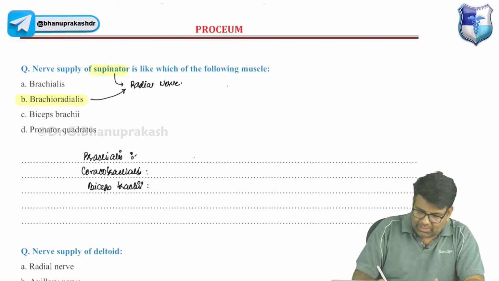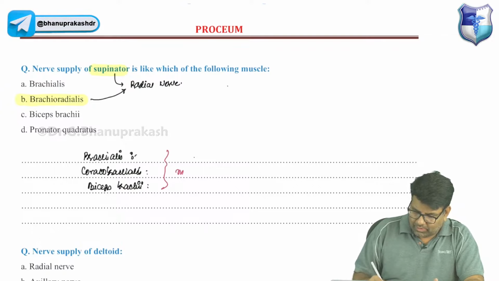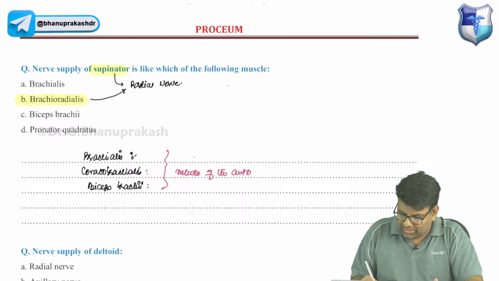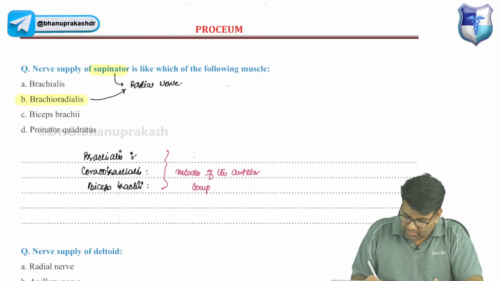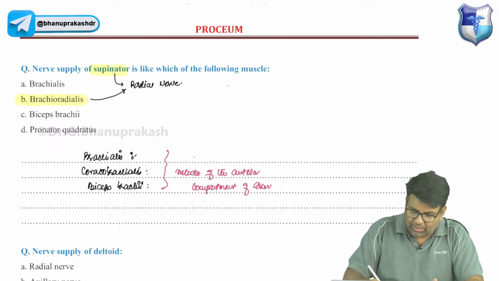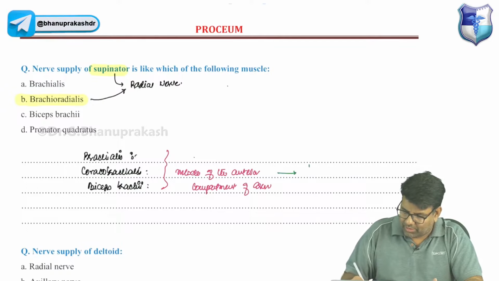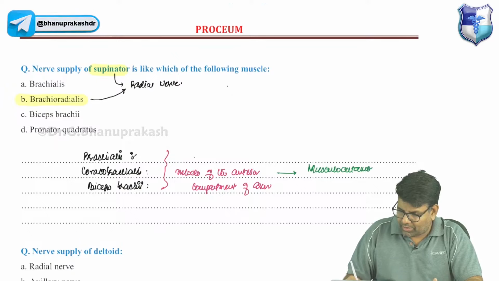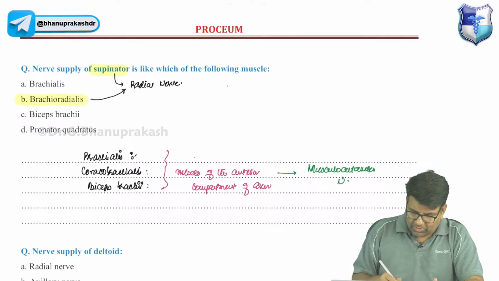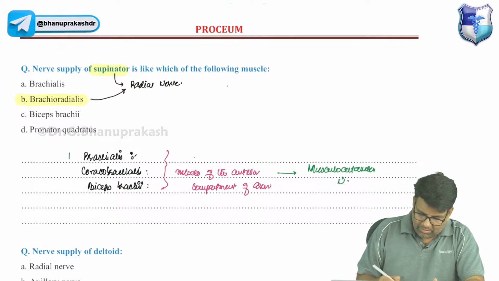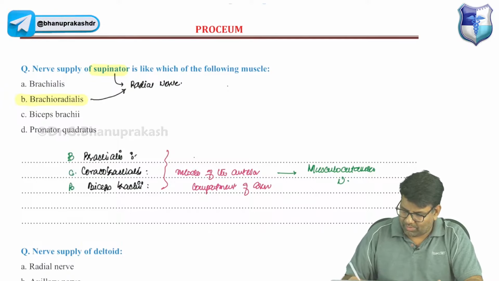All these three muscles are the muscles of the anterior compartment of the arm, and all three muscles are supplied by the musculocutaneous nerve. Very good, Dr. Arya. So you can remember the mnemonic BBC: biceps, brachialis, coracobrachialis. Remember?